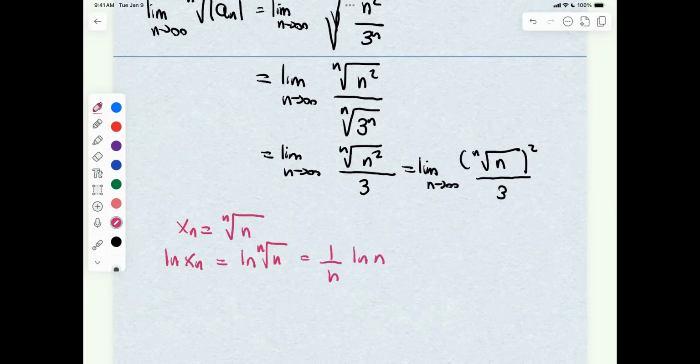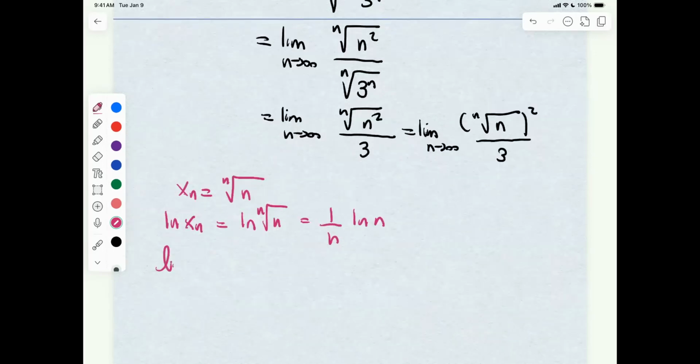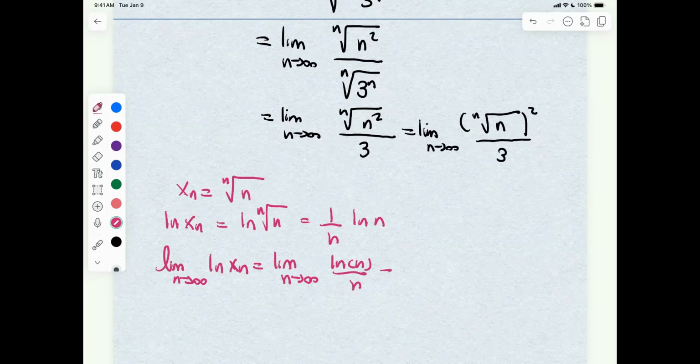It's easier to just take the limit of this; there's also the other way where you write it as e to the ln first. So the limit as n goes to infinity of the natural log of x sub n is the limit of natural log of n over n, and by L'Hopital this is the limit of (1 over n) over 1, and that's 0.